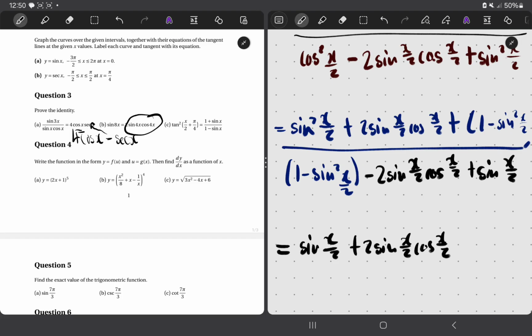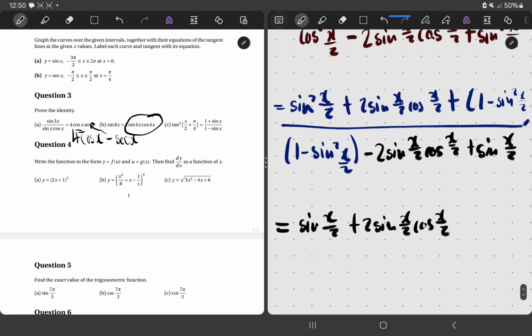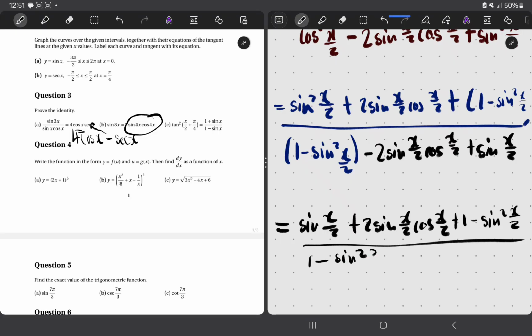When you get to a stage, look at it and look at what should be done. This is plus 1 minus sine squared x over 2, all over 1 minus sine squared x over 2 minus 2 sine x over 2 cos x over 2 plus sine squared x over 2.